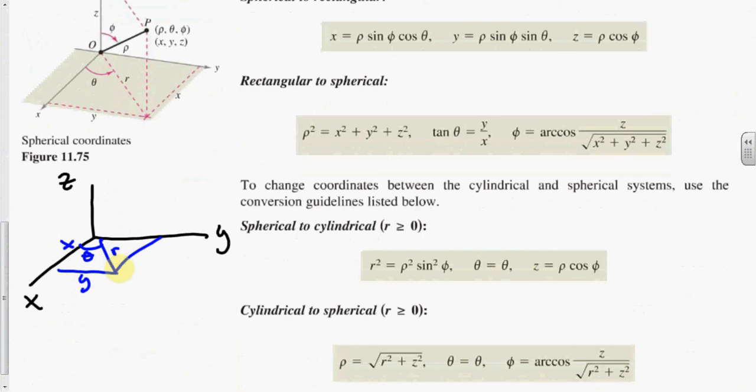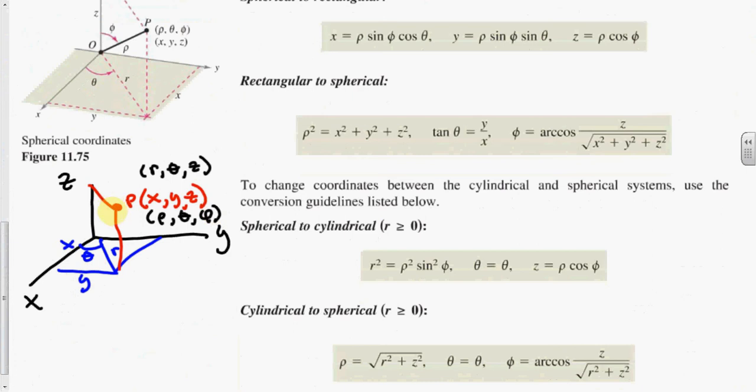Now when I jump up in the space, here's the point P, and P consists of, whether you say x, y, z, or r, theta, z, talking about the same thing, or for spherical coordinates, rho, theta, phi.